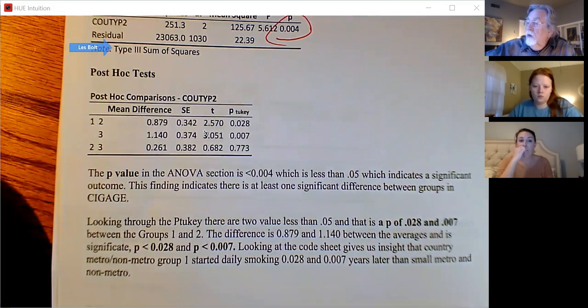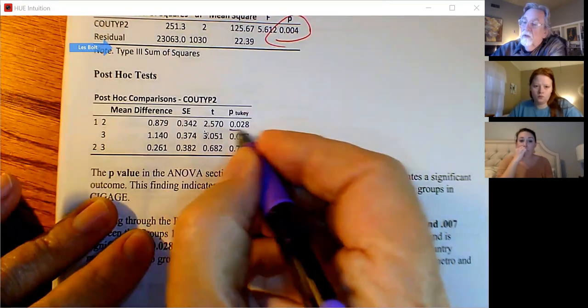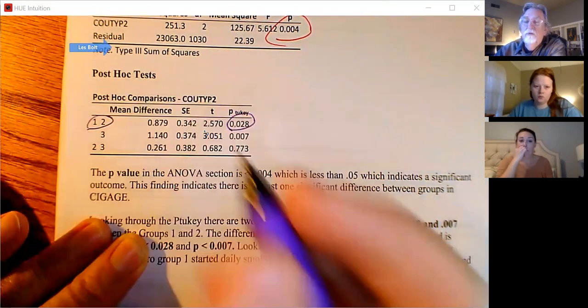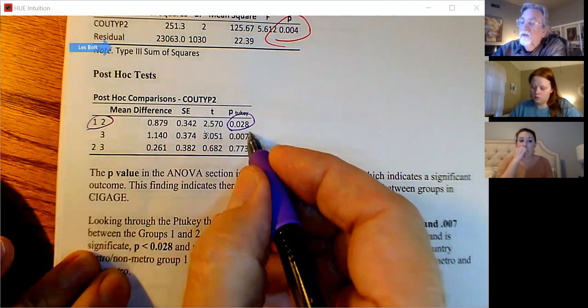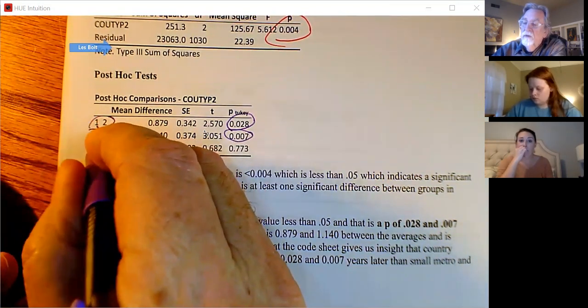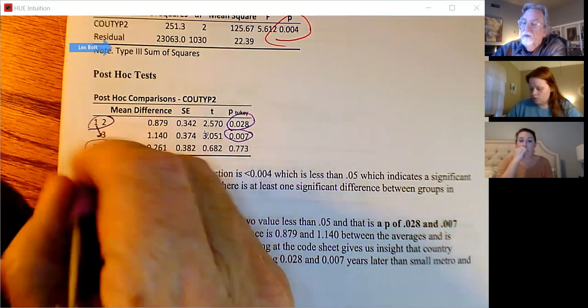When we look between which groups, we see that there are significant differences between group 1 and 2, and there are significant differences between 1 and 3, but not between 2 and 3.